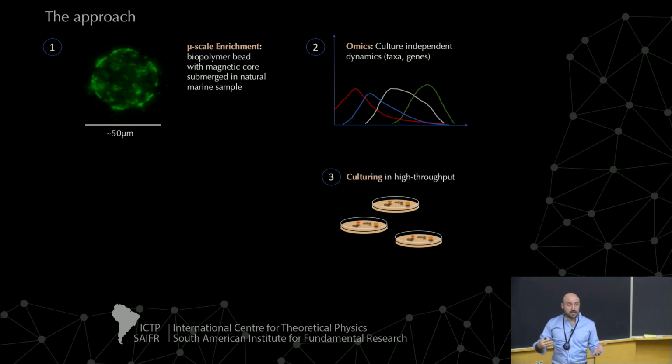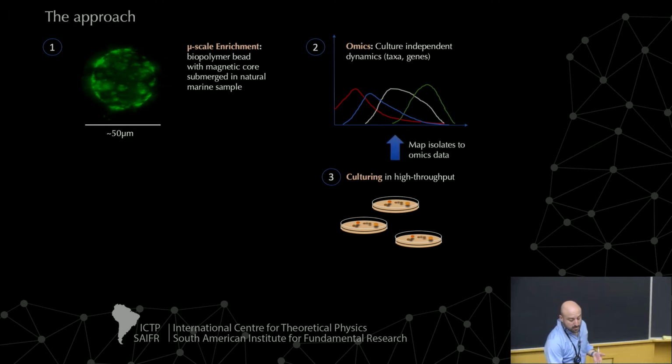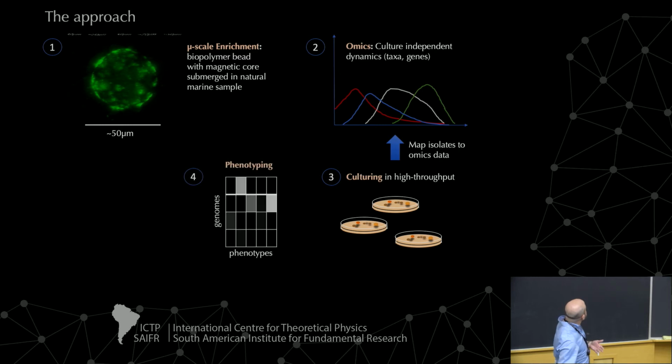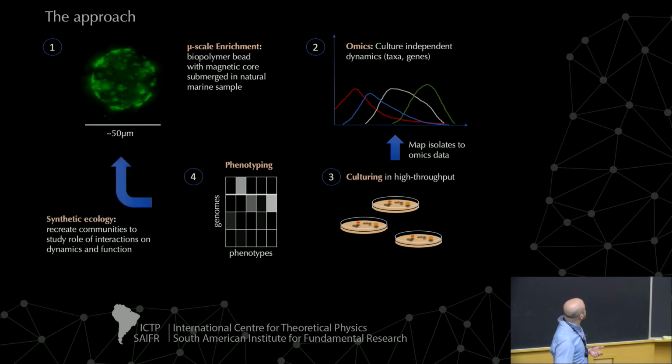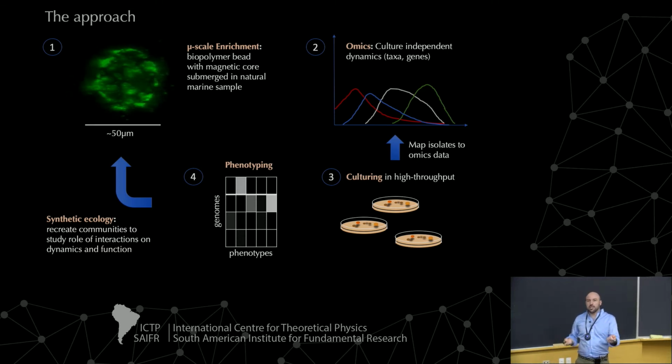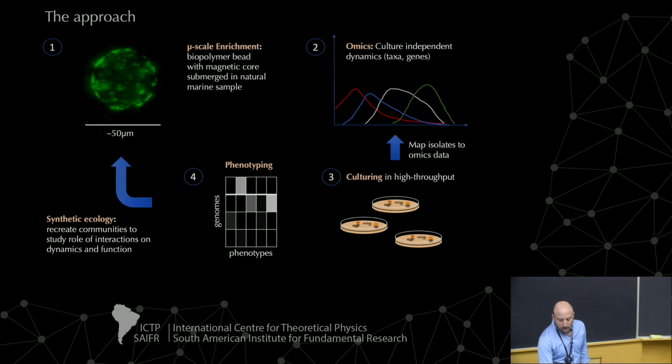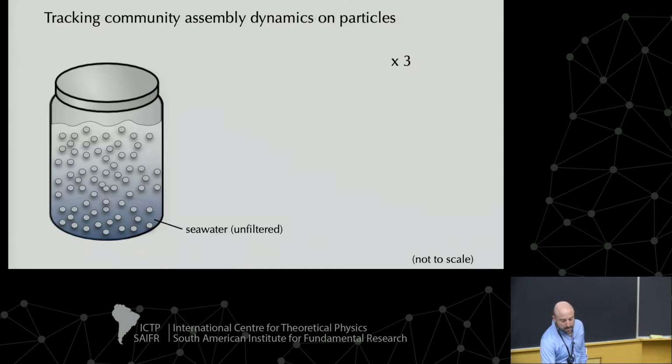So then we can connect the physiology with the dynamics of the community, which is, I think, ultimately one of the things we like to do. And the kind of games that we're interested in playing now is assembling synthetic communities and seeing if we can predict anything from the genomes or that type of thing. So that's our platform to play in the lab.